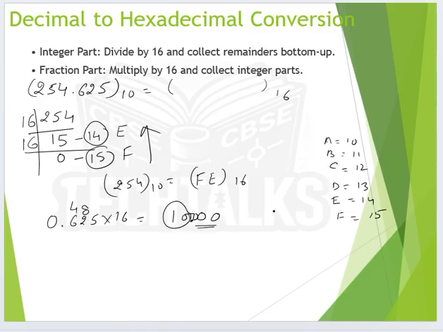And how to represent 10? 10 is represented by A. So we can say it will be equivalent to FE point A. So 254.625, which is in decimal, is equivalent to FE point A in hexadecimal. I hope it is clear. Let's move to the next conversion.